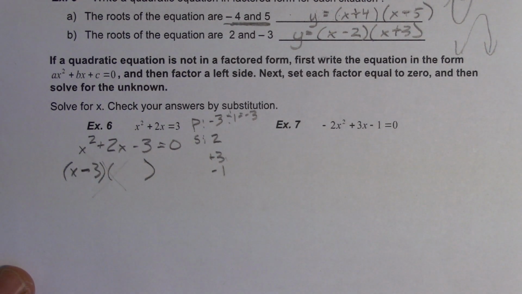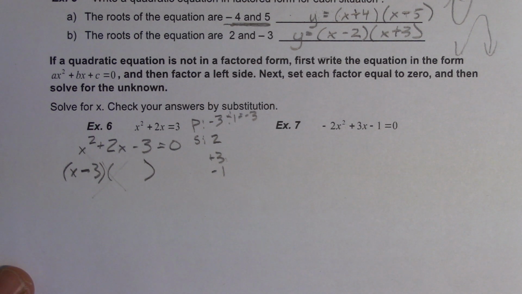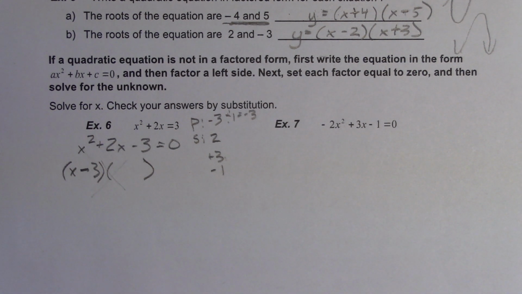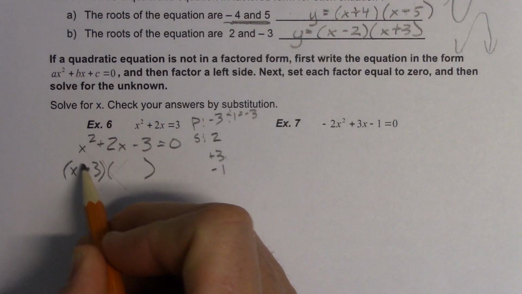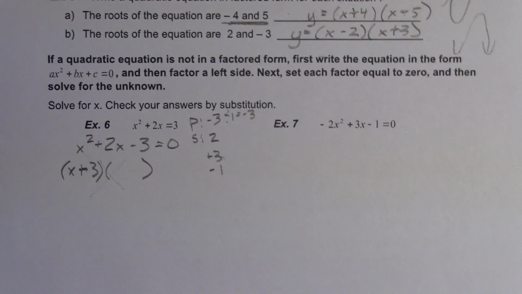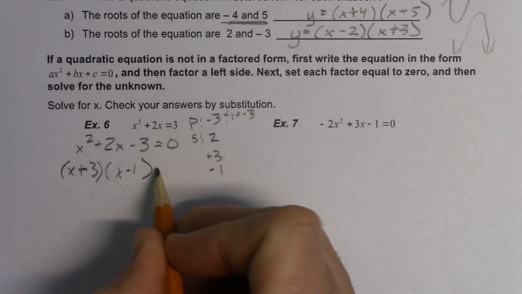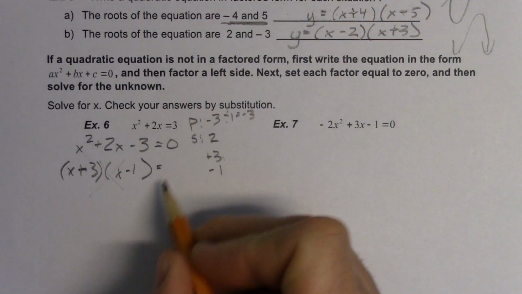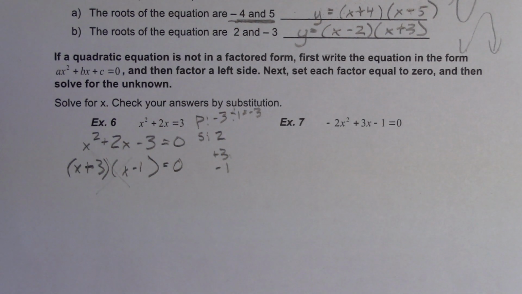Okay, so I should say x... You lost it? Okay, I'm going to save you. Who wants to save him? Josiah? Yeah, x plus 3, x minus 1 equals 0. He's done all the hard work. You're done. It should not have been that hard. This is one of the easiest equations to factor, I would think.